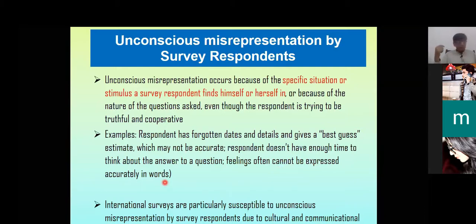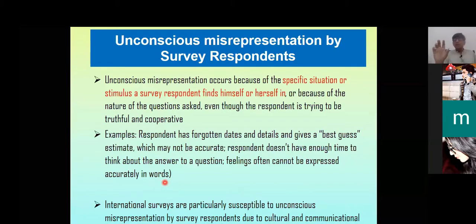The feeling often cannot be expressed accurately in words. For example, if you are showing them a mobile phone, sir, what do you think about this mobile? Sometimes they have no words. Sometimes there is news in which a son is beating his mother.